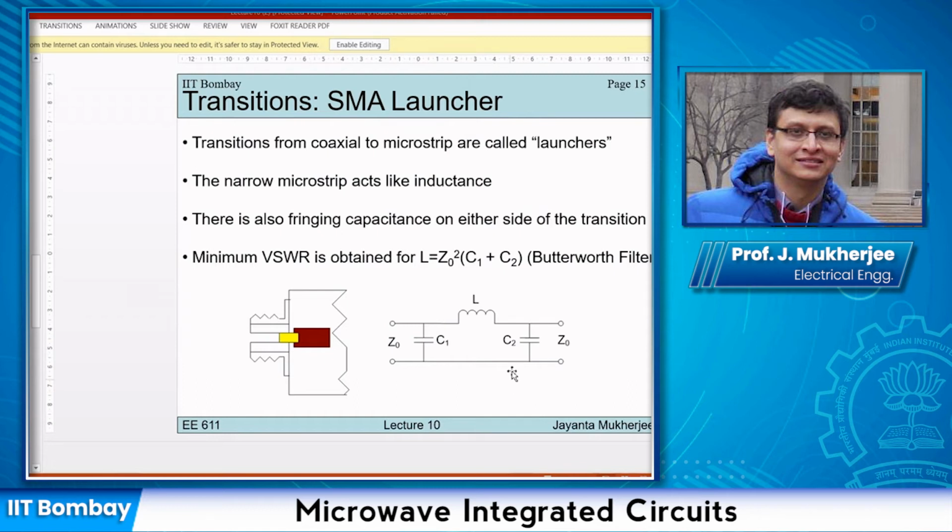Okay, and if we are designing the filter or this structure for achieving minimum VSWR as per the Butterworth prototype function, then we get a value of L like this.